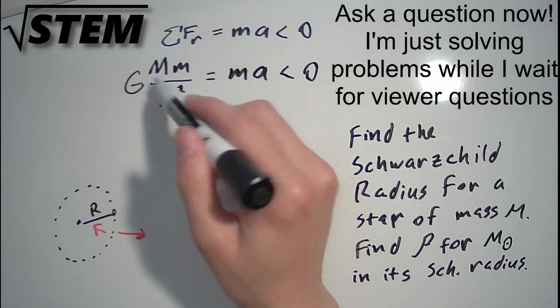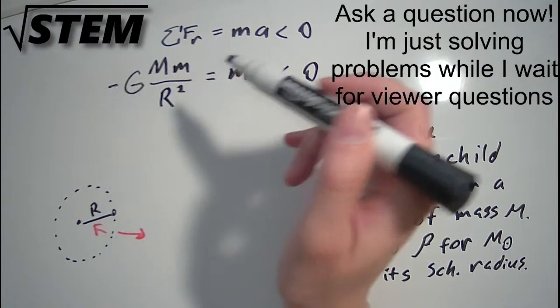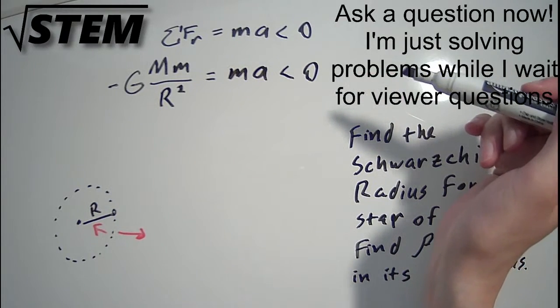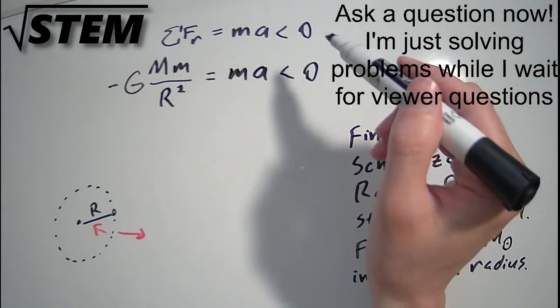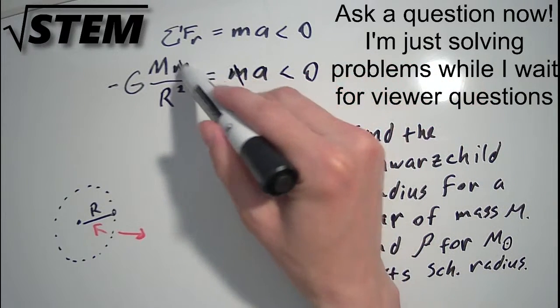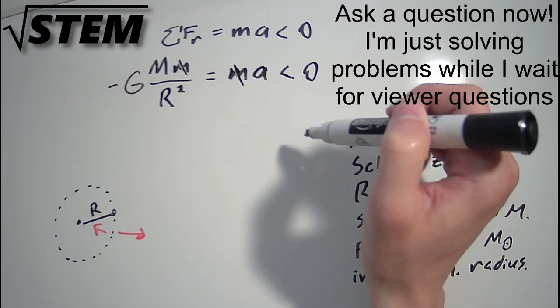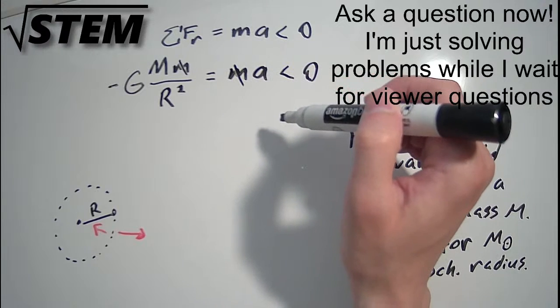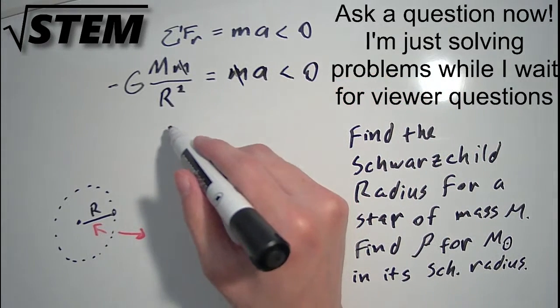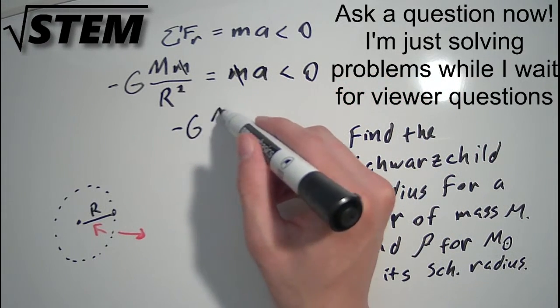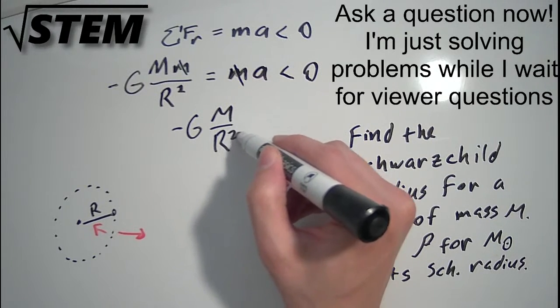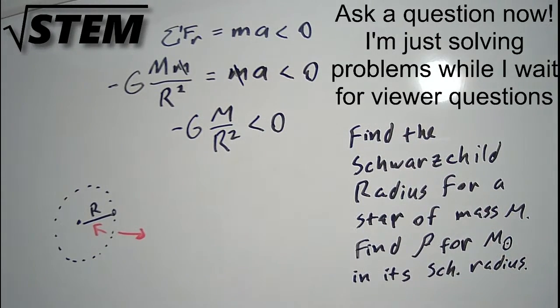And these are all positive numbers, so we would need a negative sign on there. So I think we can cancel this out and get rid of this intermediate stage and just have negative GM over r squared less than 0.